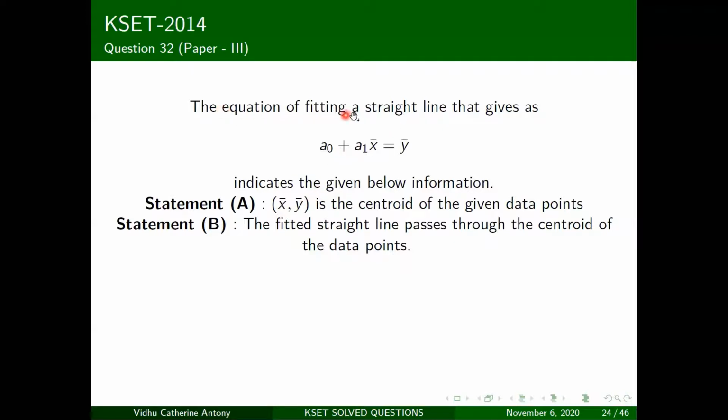So let's look at this. The equation of fitting a straight line gives a0 plus a1 x bar equal to y bar. So this is basically the same as y equals mx plus c. Now here, what you're supposed to be noting is that y and x are averages. And your m is your a0, and let's say c is your a1.